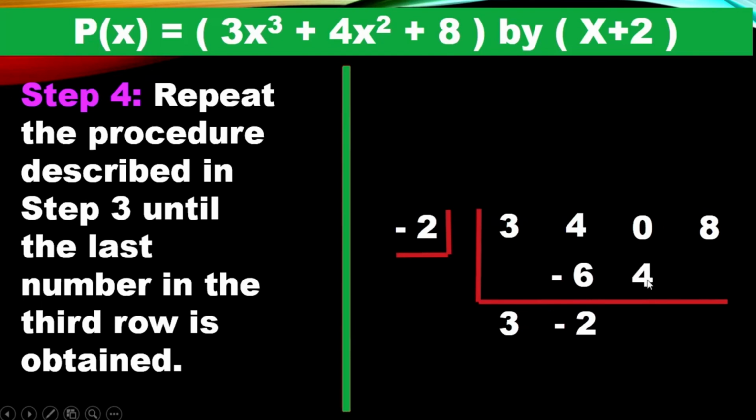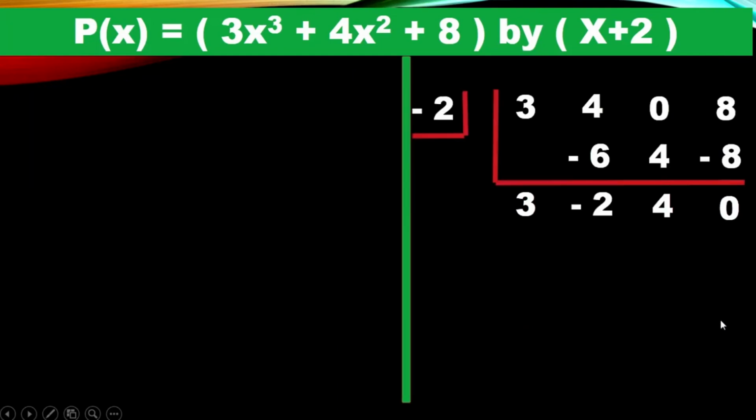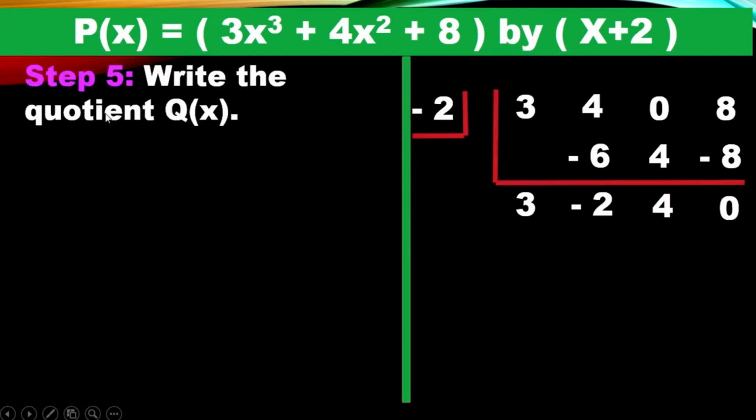Negative 2 times negative 2 is positive 4. And 0 plus 4 equals 4. Now, 4 times negative 2 is negative 8. And 8 plus negative 8 equals 0. So we have 3, negative 2, positive 4, 0.